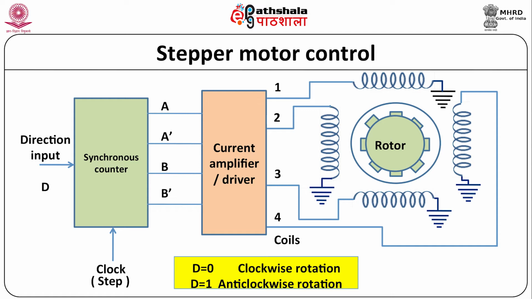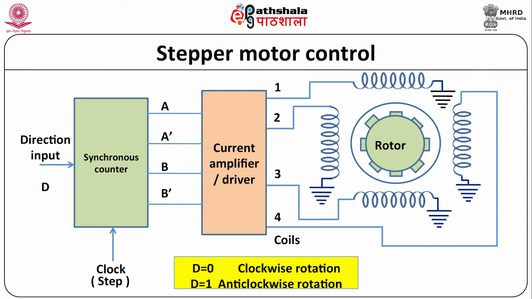The synchronous counter has a direction input D to decide the direction of rotation of the stepper motor. If D is equal to 0, then the stepper motor shaft rotates in a clockwise direction, and D equal to 1 results in anti-clockwise rotation.